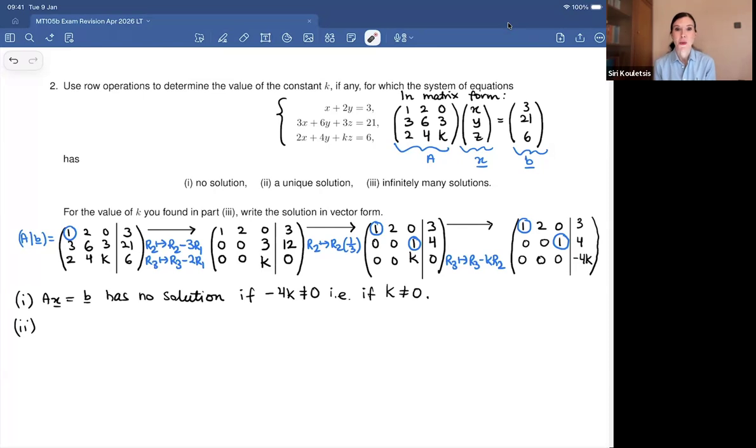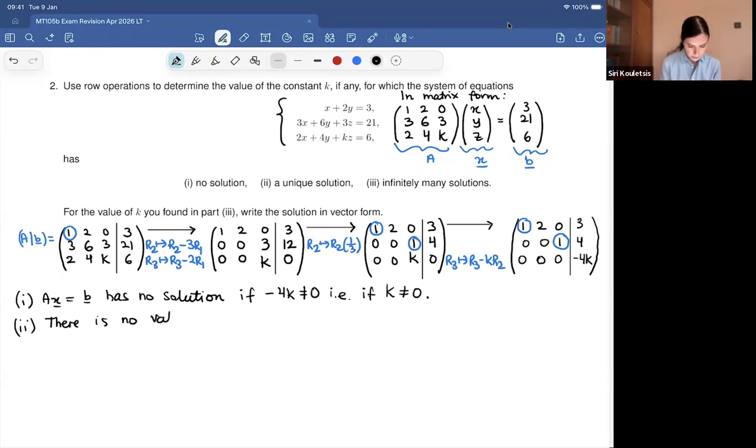The answer to that is no, there isn't, because you see here that there's no value of k that would give us 3 leading ones in the reduced coefficient matrix, in this part here. So for this system of equations, that's not possible. So let's write that down.